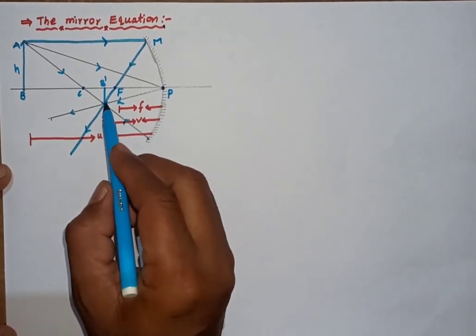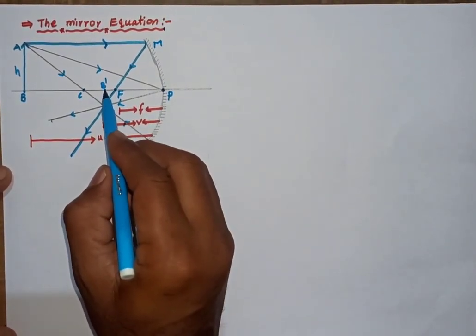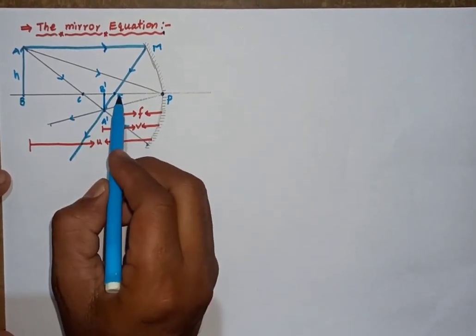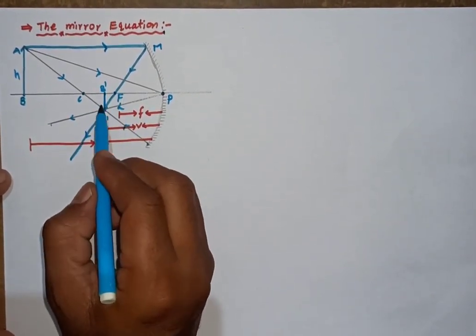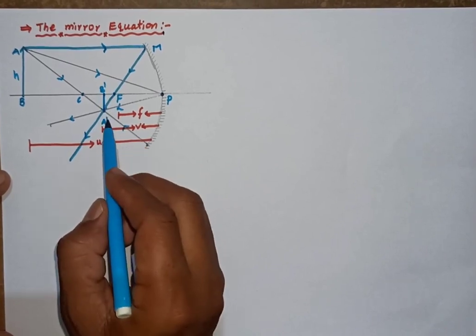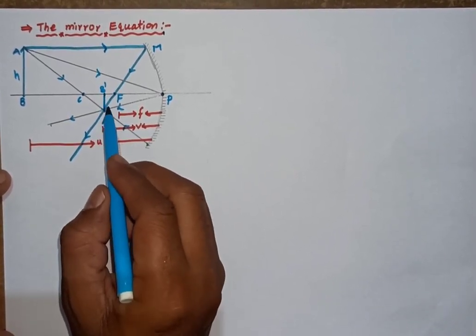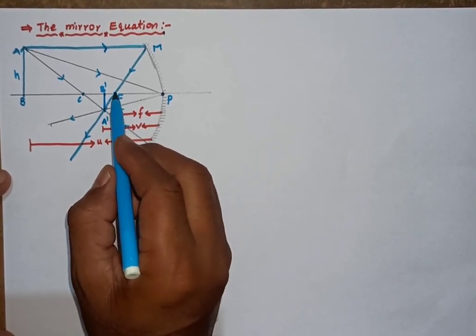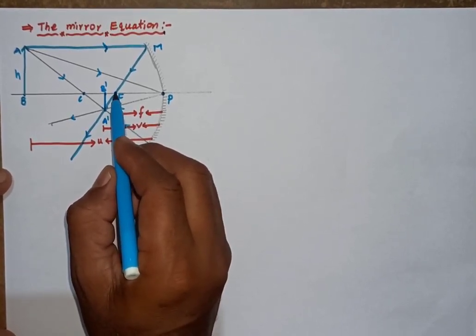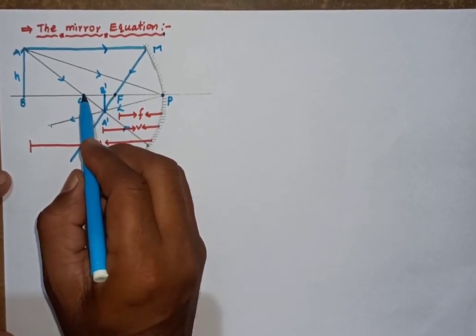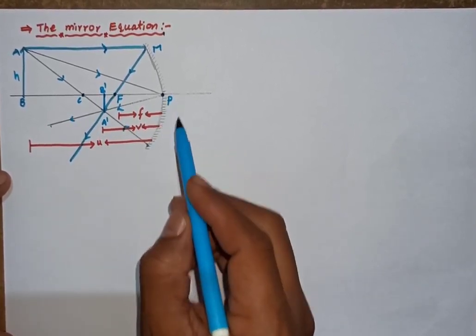Here the image is formed between the center of curvature and the focus. A dash B dash is the image. Here is the principal focus, the center of curvature, and the pole.